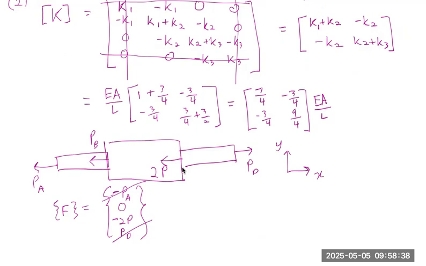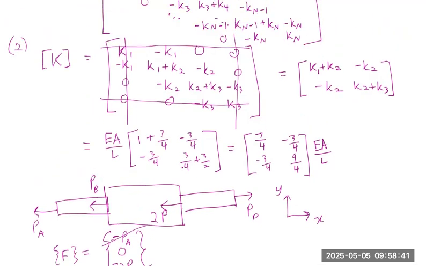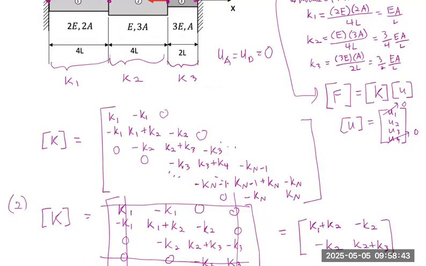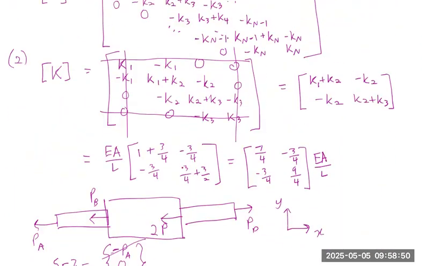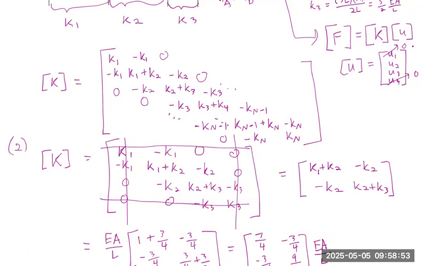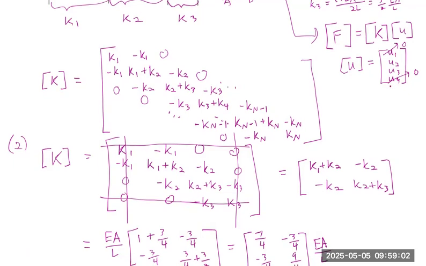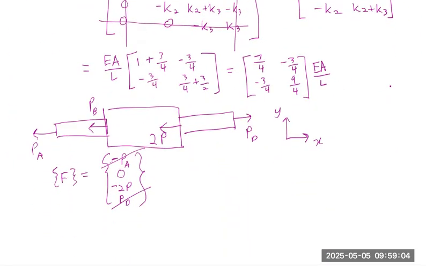So when we go ahead and write out our matrix, applying force matrix equals the stiffness matrix multiplied by the displacement matrix, remember that applying our boundary conditions to our displacement matrix, we can also cancel the first row and fourth row because they don't give us useful equations either in the context of solving for the displacements at B and C. So we're going to have the force matrix reduced to 0 and negative 2P.